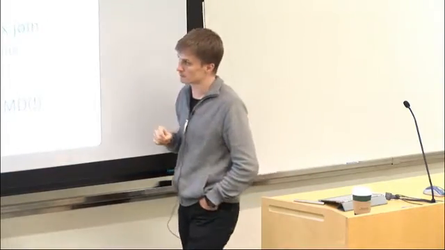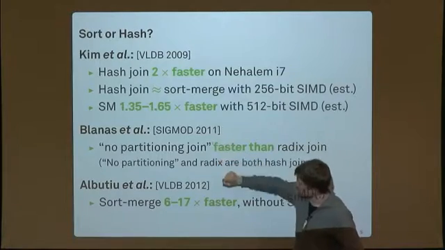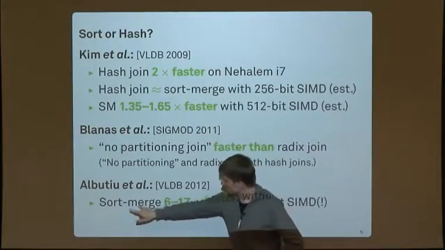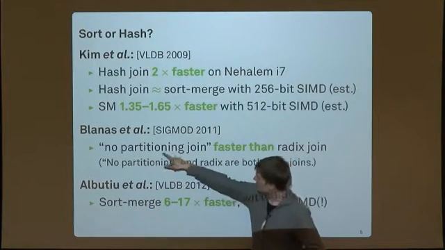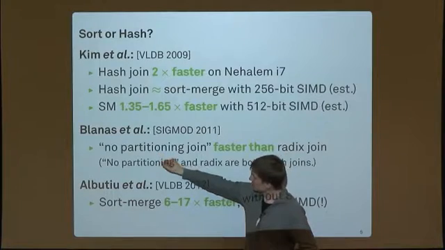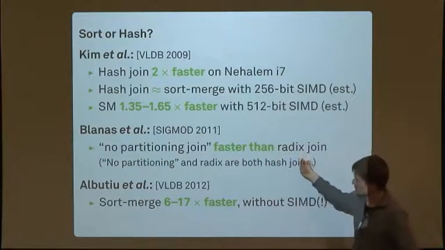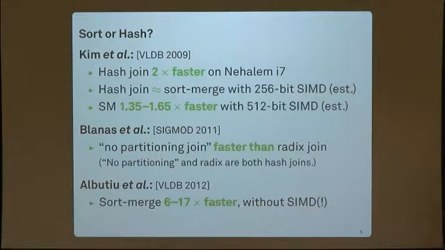That's a group from TU Munich. They took these results here and drew a transitive conclusion. They found that their sort merge join algorithm is faster than this hash join implementation, and by transitivity, this is also faster than this one, which means sort merge join is the method of choice. That's kind of what they say.